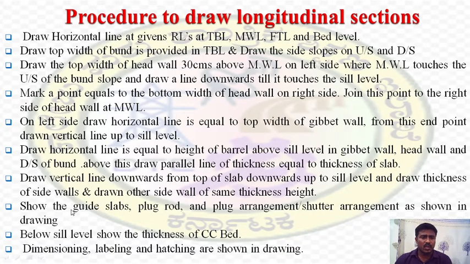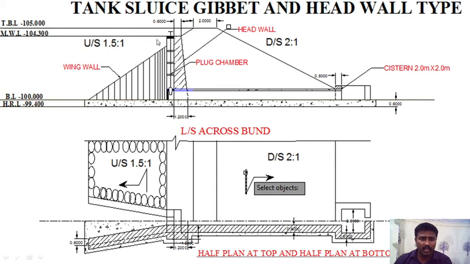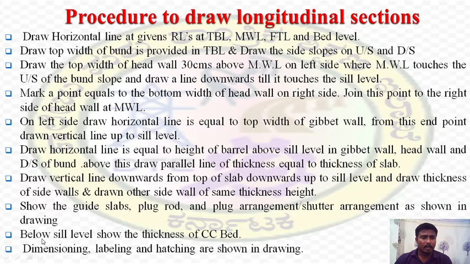Next, show the guide slabs, plug rod, and plug arrangement or shutter arrangement as shown in the drawing. This is the guide slab, plug rod and plug stones, as your plug chamber. Next, below the sill level show the thickness of the RCC bed.